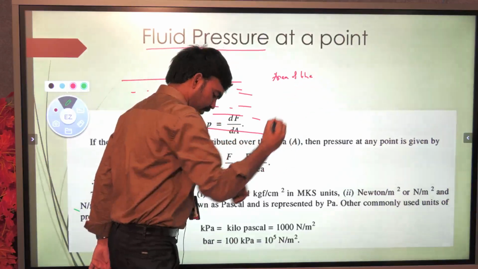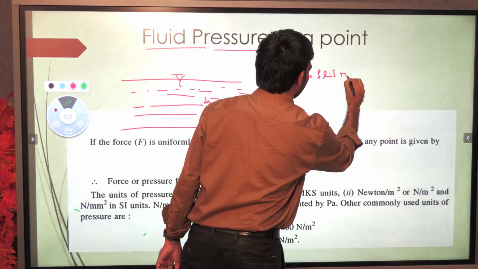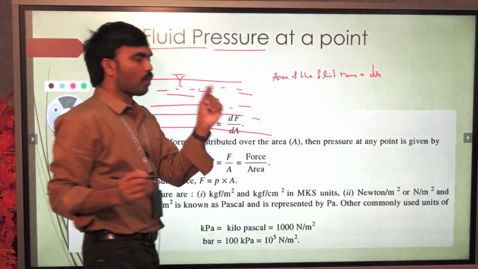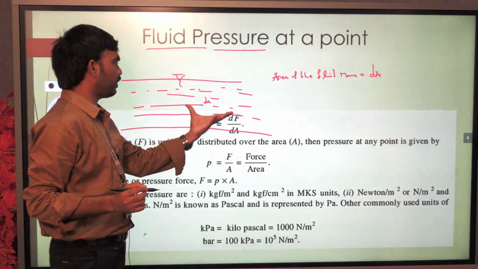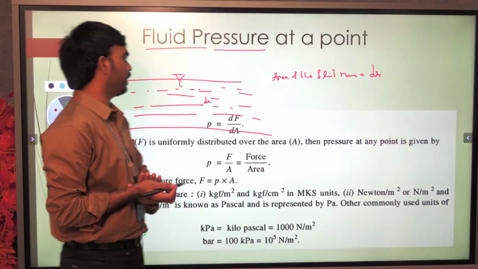This is the small area of the fluid mass, which is having an area of dA.